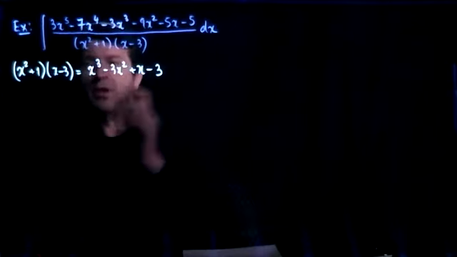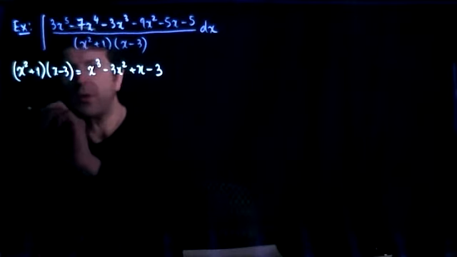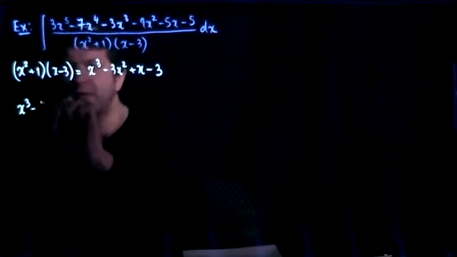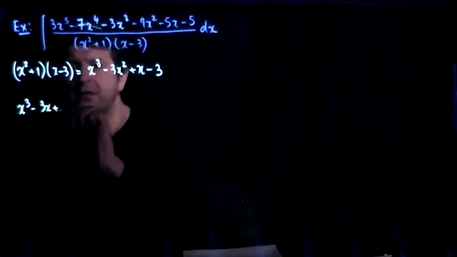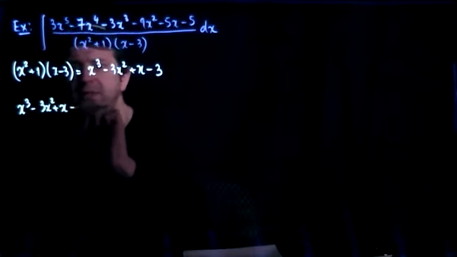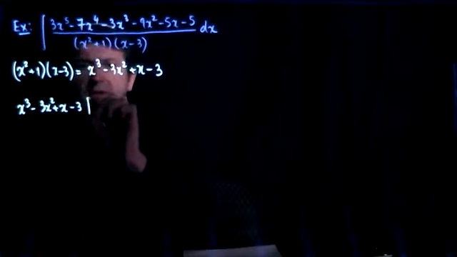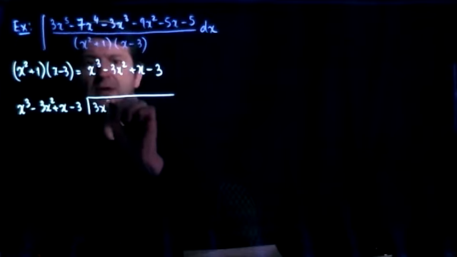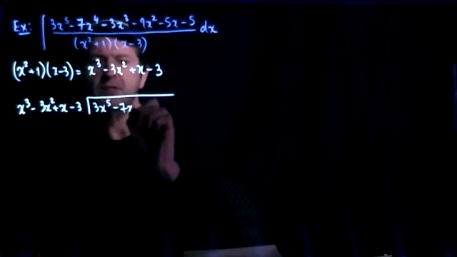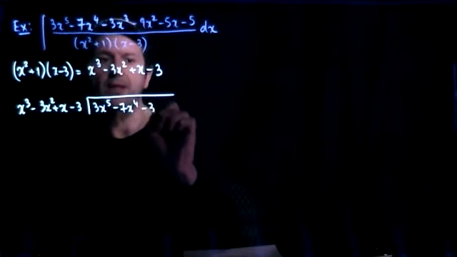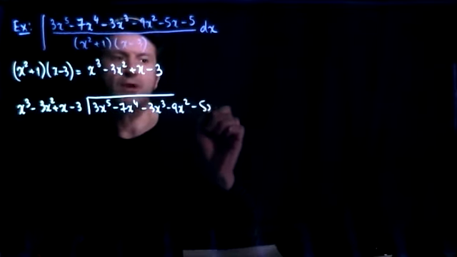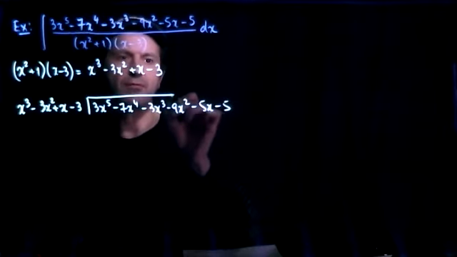To set up the division, I'll do the American way because I think most of you do it this way. So it's x^3 - 3x^2 + x - 3 dividing into 3x^5 - 7x^4 - 3x^3 - 9x^2 - 5x - 5.